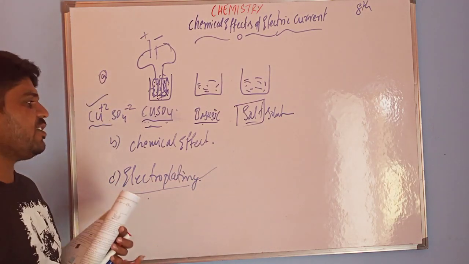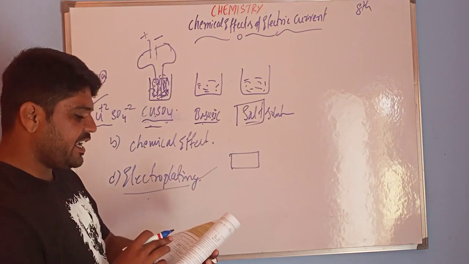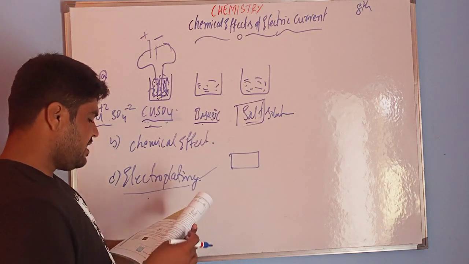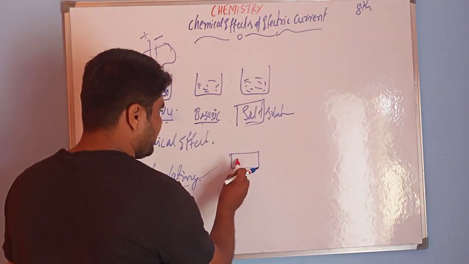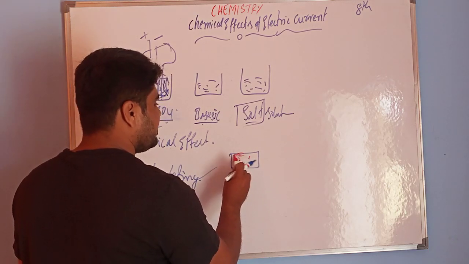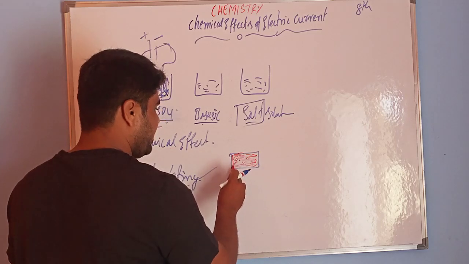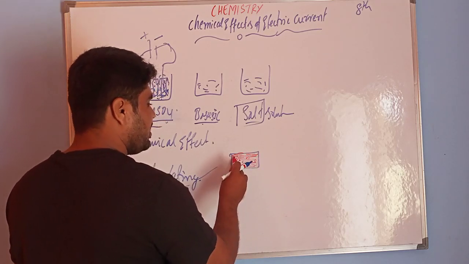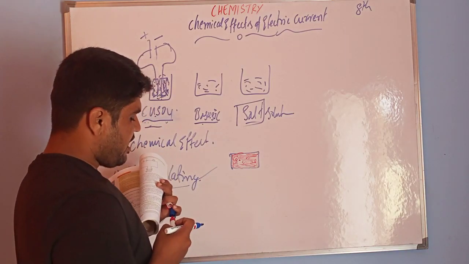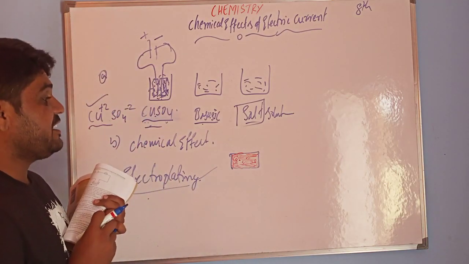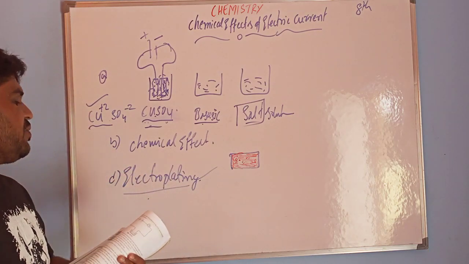Deposition of a layer of any desired metal on another material by means of electricity. If this red colored one is iron and this blue colored one is zinc, then zinc is coated on iron by the process of electricity. This we call electroplating.